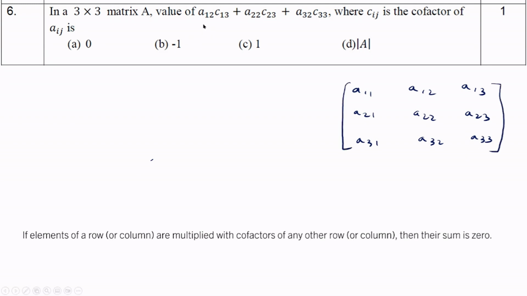Here we can see that A12, A22, A32 are elements of the second column, and C13, C23, C33 are the cofactors of the elements of the third column. So the sum of products of elements of one column with the cofactors of elements of another column will be equal to 0 because of the property that we just now saw. Because of this, the value is equal to 0.